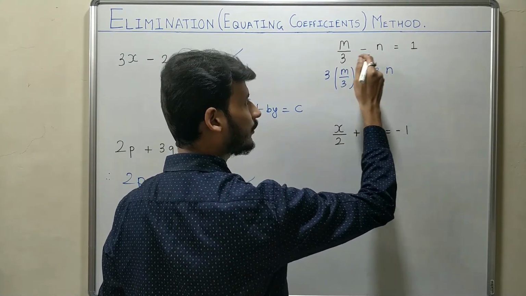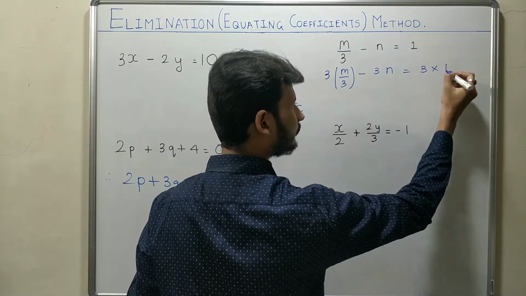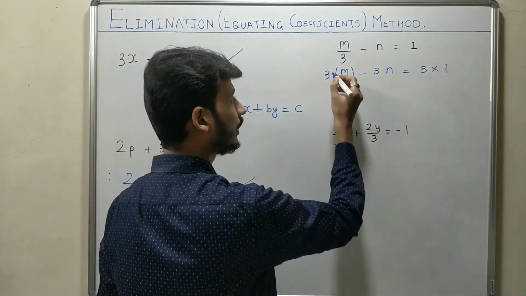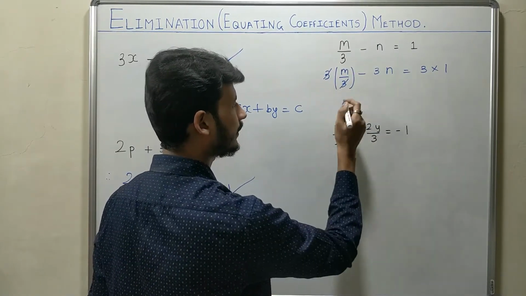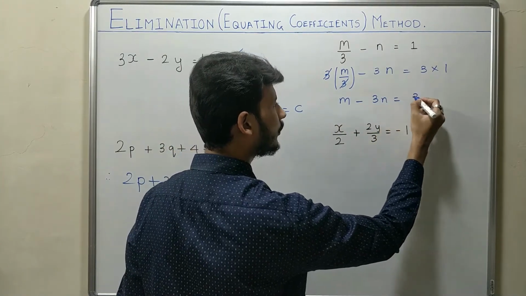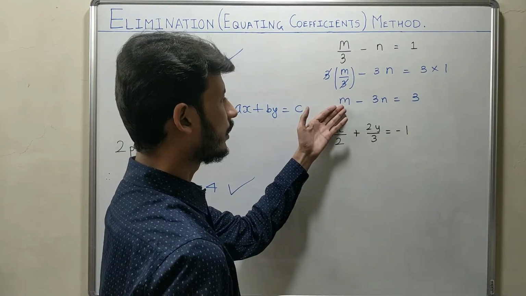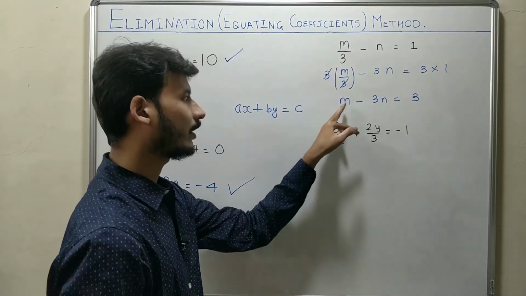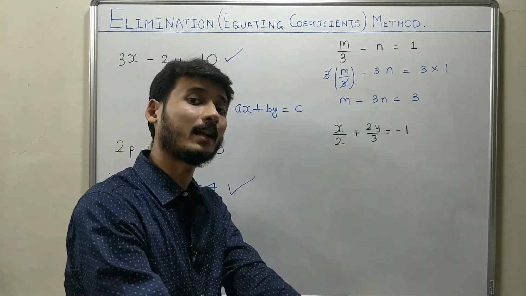We are multiplying each term by 3, is equal to 3 into the constant term. This 3 and 3 will get cancelled, so the denominator will go away. What is left here? m minus 3n is equal to 3. 3 ones are 3. So we got the equation without the denominator and that too in standard form, which will make the further calculation easy.